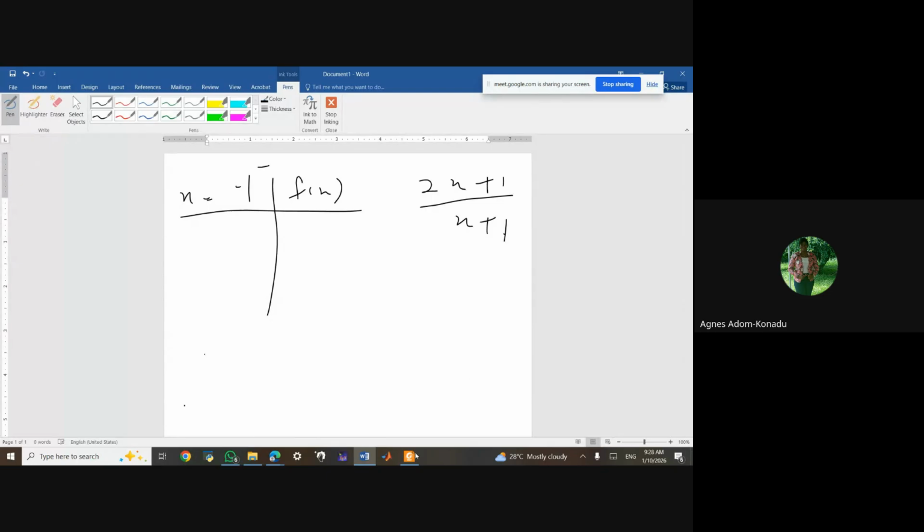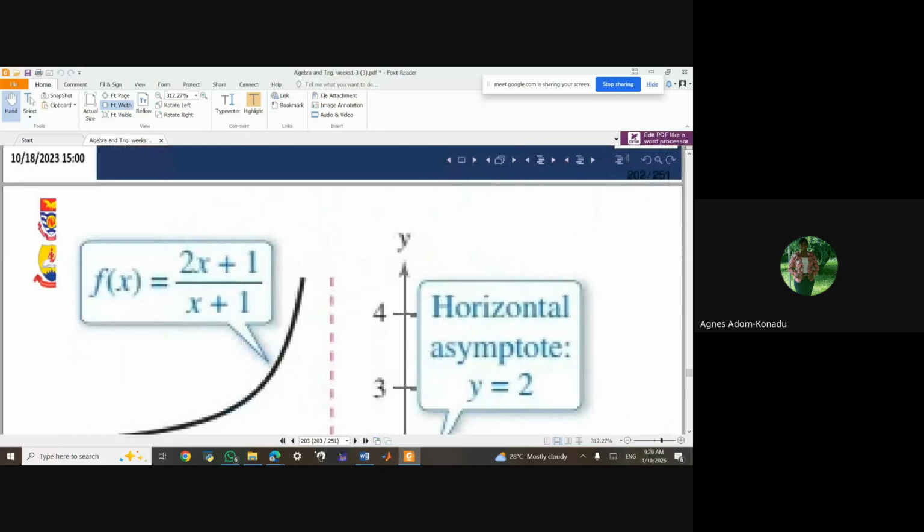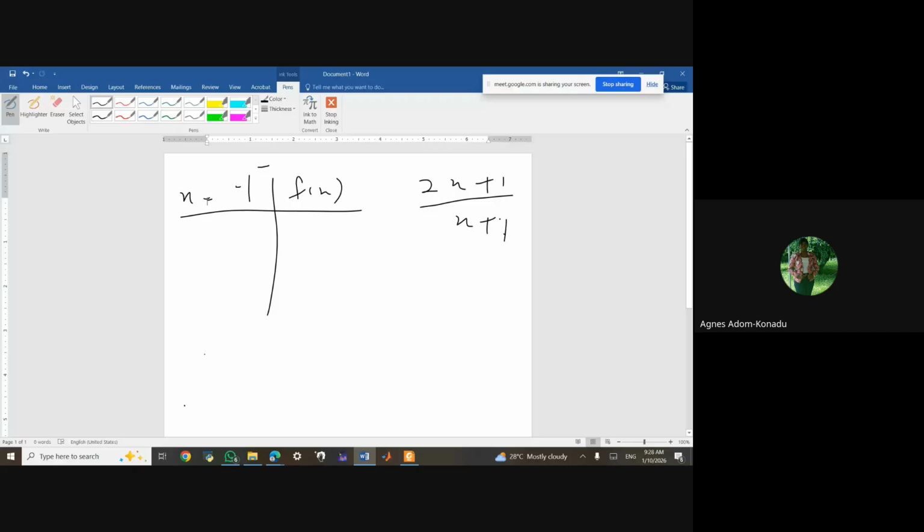Now I want to approach -1 from the left, which means I look at values less than -1. So please choose values for me.